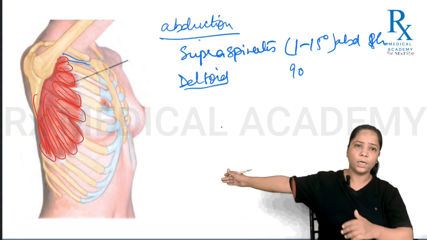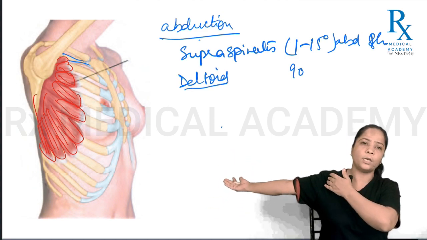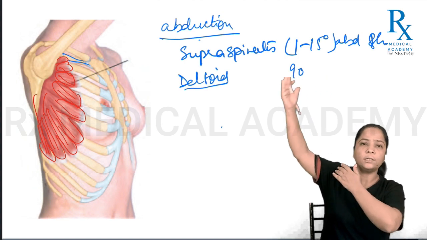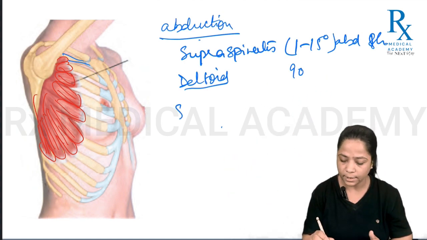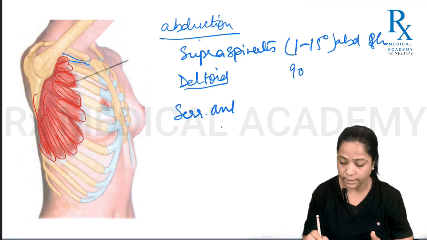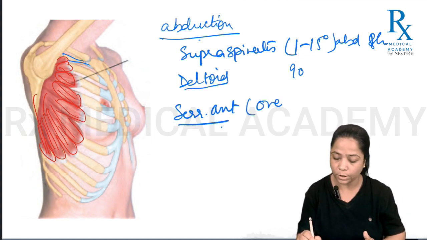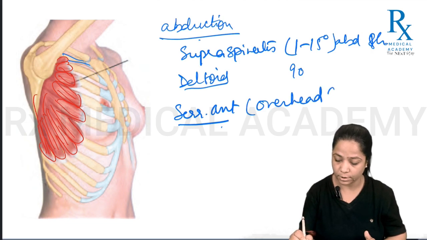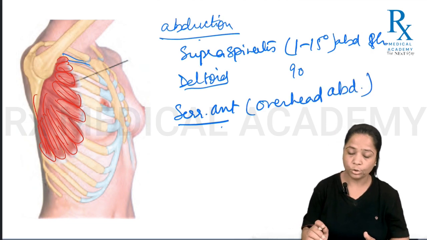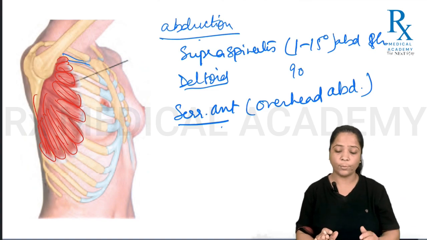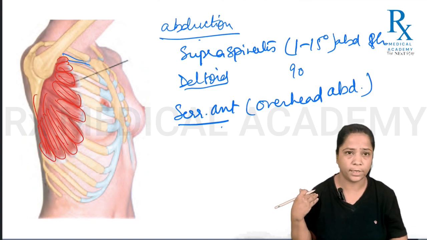After 90 degrees, when you rotate the scapula and do the overhead abduction, this is carried out by the serratus anterior. So the serratus anterior is responsible for the overhead abduction. You will be asked in your exam how abduction of the shoulder joint takes place.